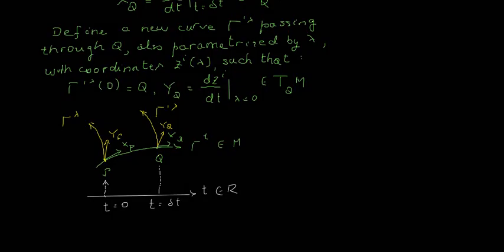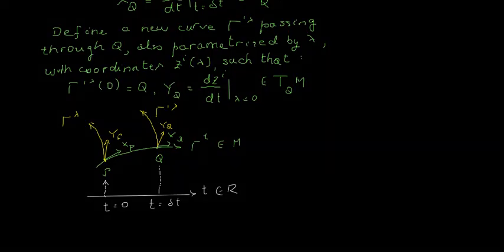Now y_Q^i is defined as dz^i over d lambda, the derivative of this coordinate z^i at lambda equal to 0. So this belongs to another tangent space, T_Q M.